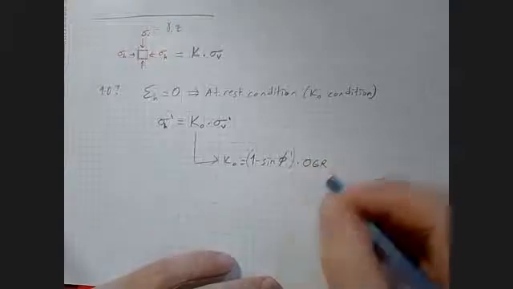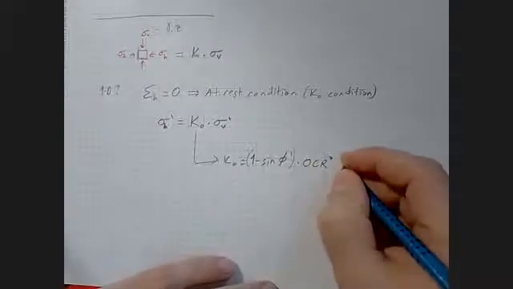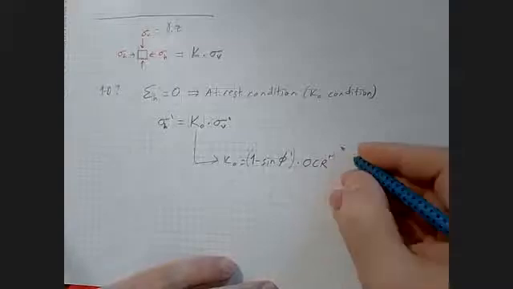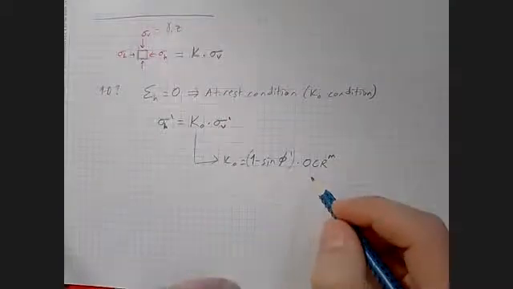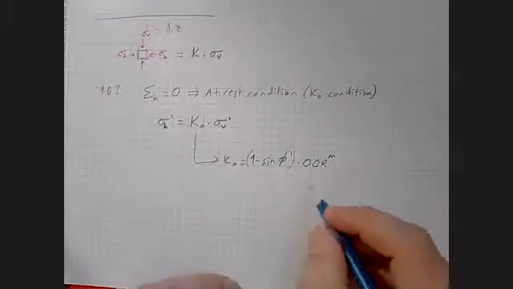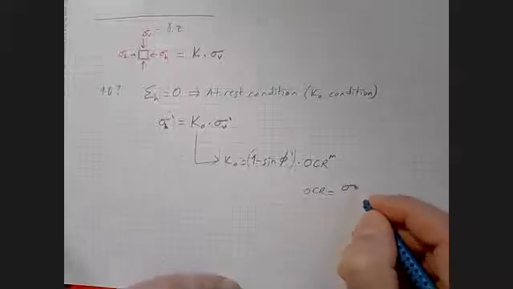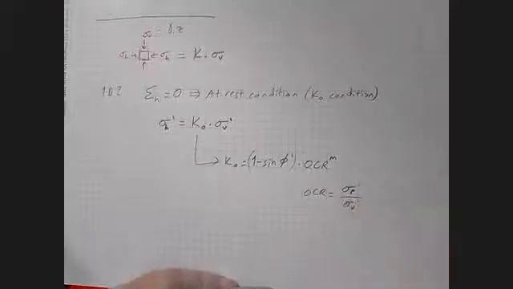if you have an overconsolidated soil, then you also have an additional term here, which is overconsolidation ratio. Let's remember, overconsolidation ratio is the maximum past pressure over the current pressure.